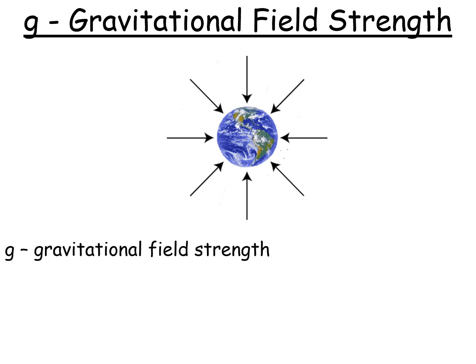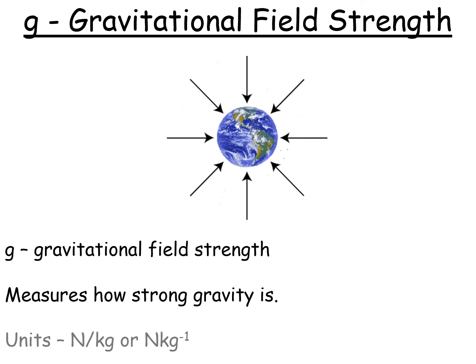Okay, so another way to think about this value of G then is the gravitational field strength. So it literally tells us how strong gravity is. Okay, so I would like you to copy this bit down again. G is the gravitational field strength. It measures how strong gravity is. It has units of newtons per kilogram.